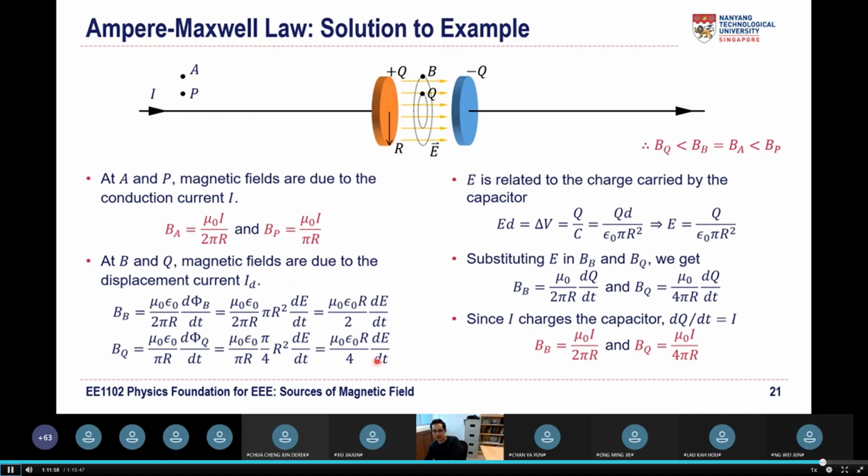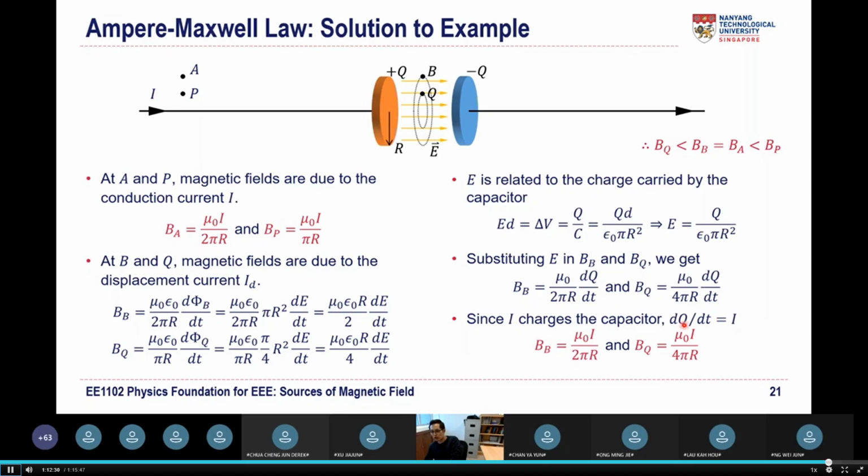Then I can do a lot of simplification, cancellation of epsilon 0 and so on, and then I can get BB to be mu 0, the permeability of free space, divided by 2 pi r, times dq over dt. This dq over dt is the rate at which the plates are being charged.